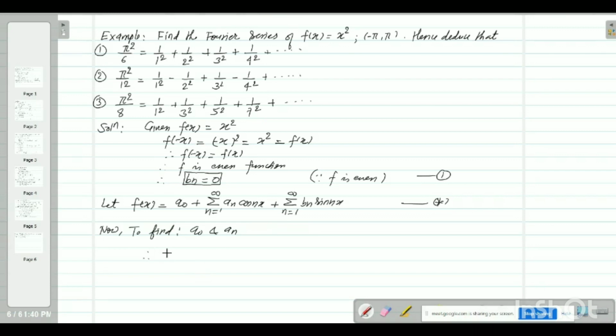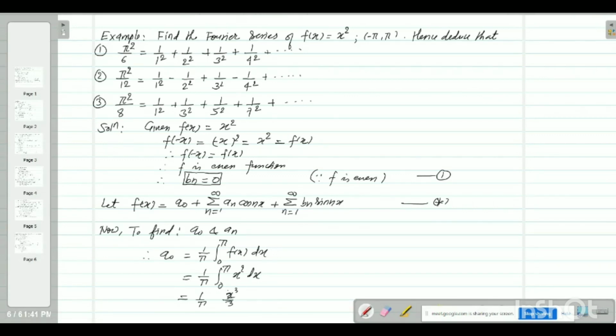Therefore a naught, we have the formula for a naught. What is that? 1 upon pi integration of limit 0 to pi f of x dx. Okay, this is the formula. So just calculate a naught. This is 1 upon pi integration of limit 0 to pi, f of x is x square, and write down dx. Just integrate it, 1 upon pi.